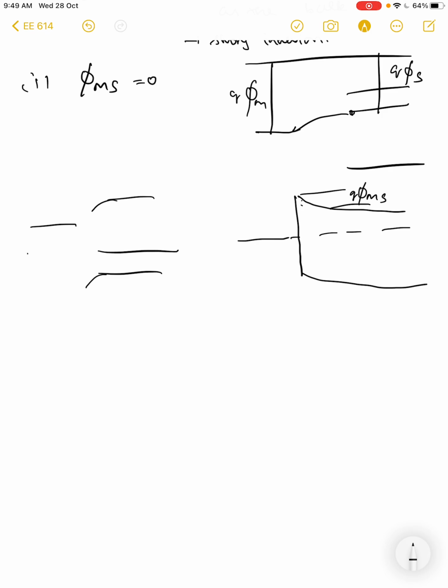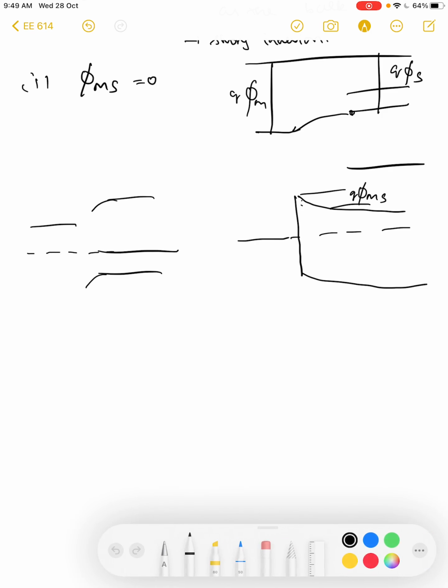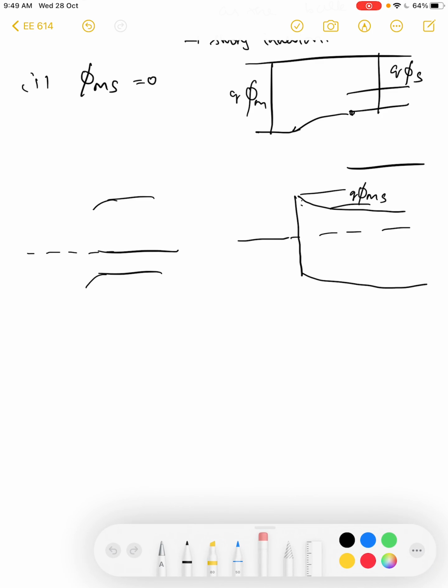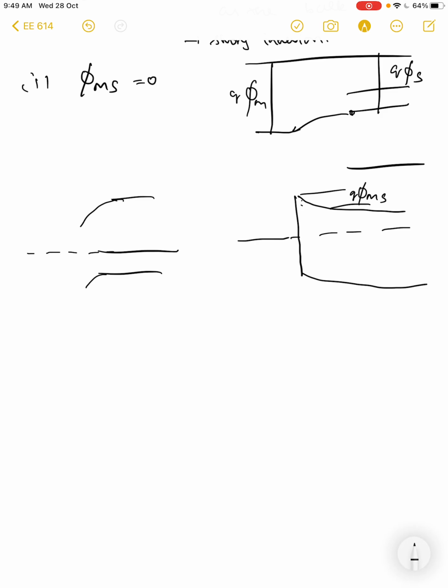So when you actually bring it together, the amount that it bends is the difference in the Fermi level, right?